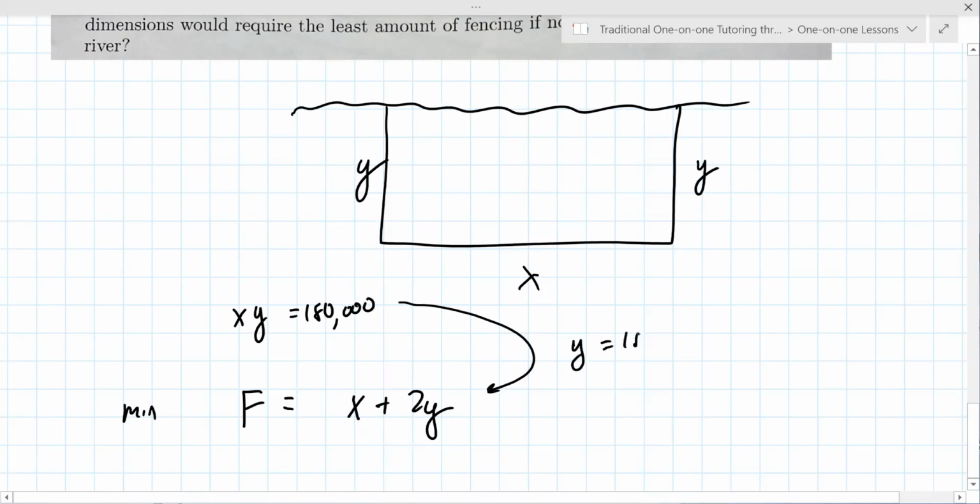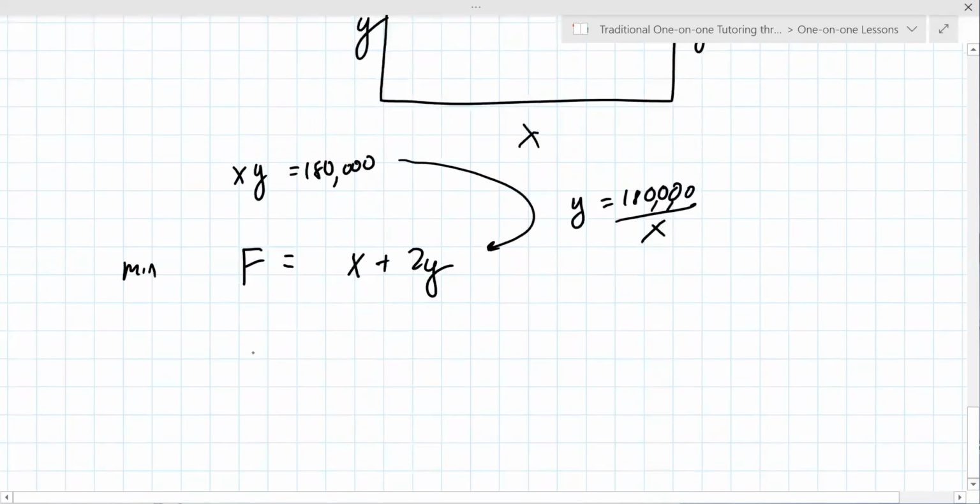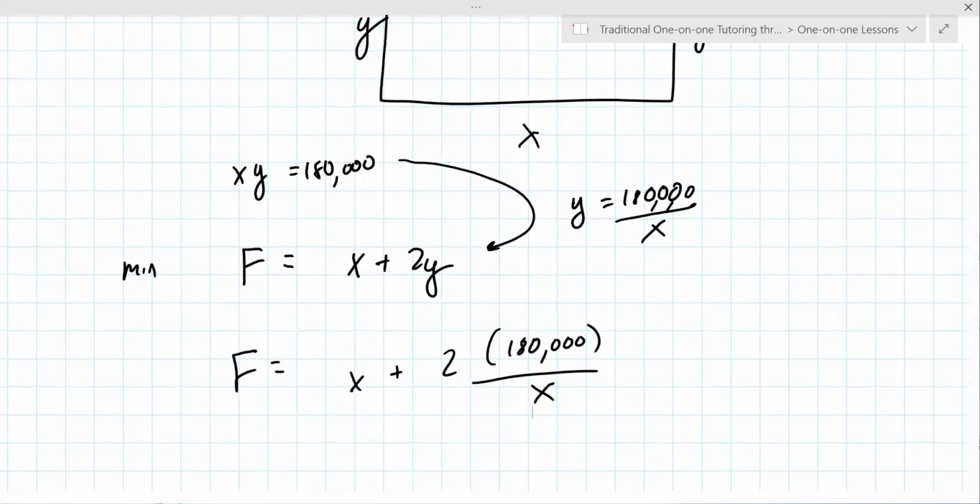y is 180,000 over x, and we'll substitute that in here. F equals x plus 2 times 180,000 over x. All right, and then you got to be able to take a derivative of this.